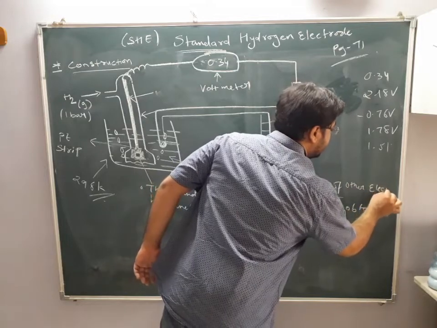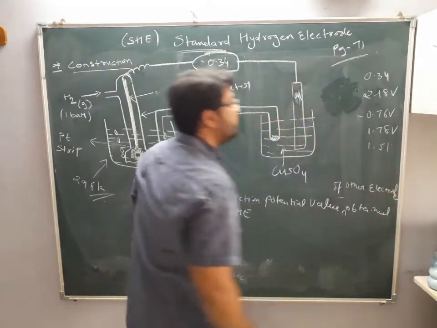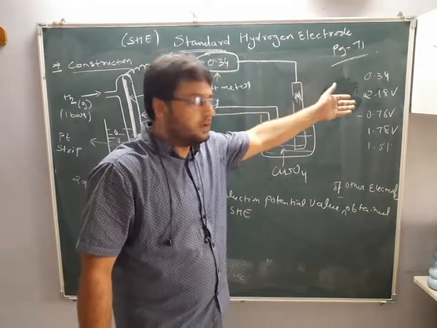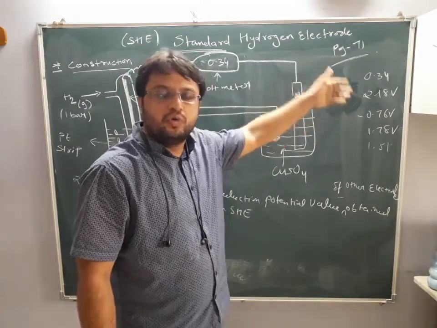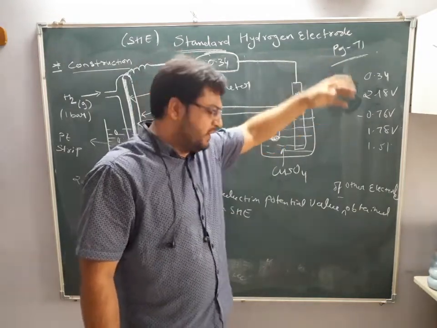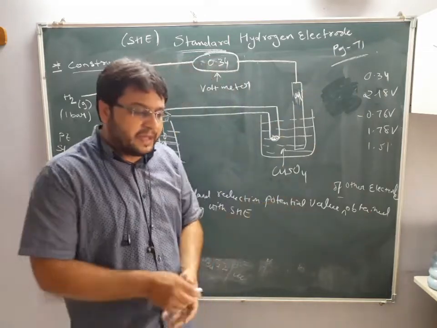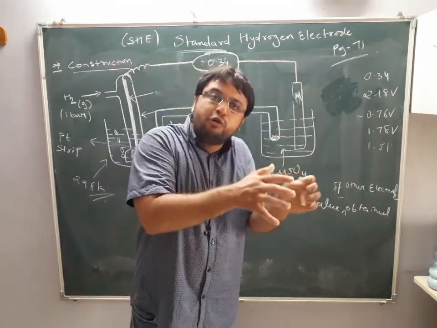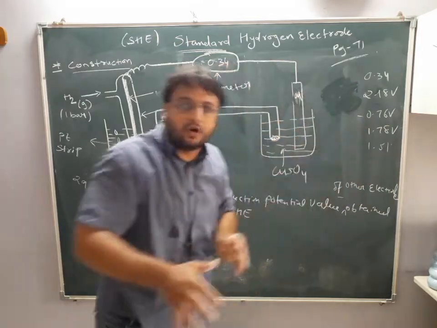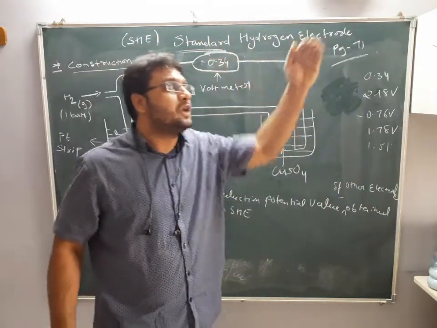I told you that other electrode can be copper, silver, cobalt, H2O2, manganese, iron. I will keep a number of electrodes and I will obtain different values. And those values I will arrange in decreasing order, that is, from higher value to the lower value.